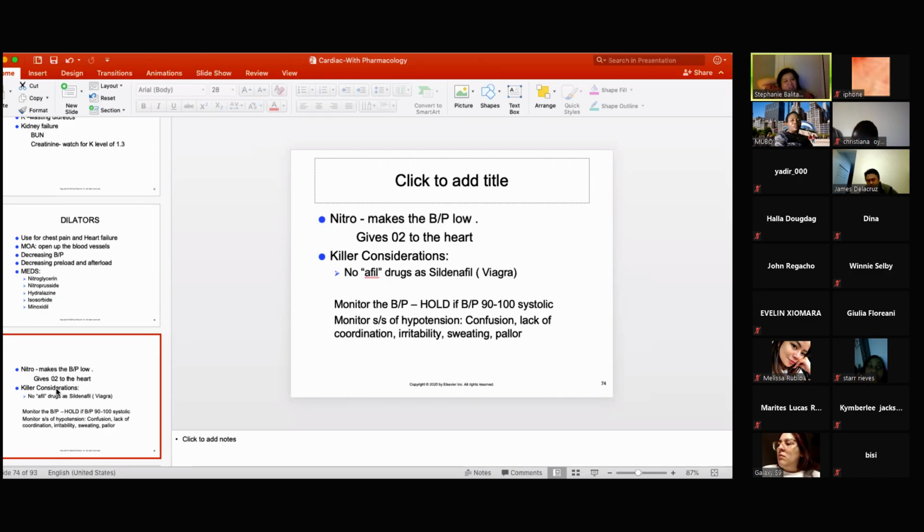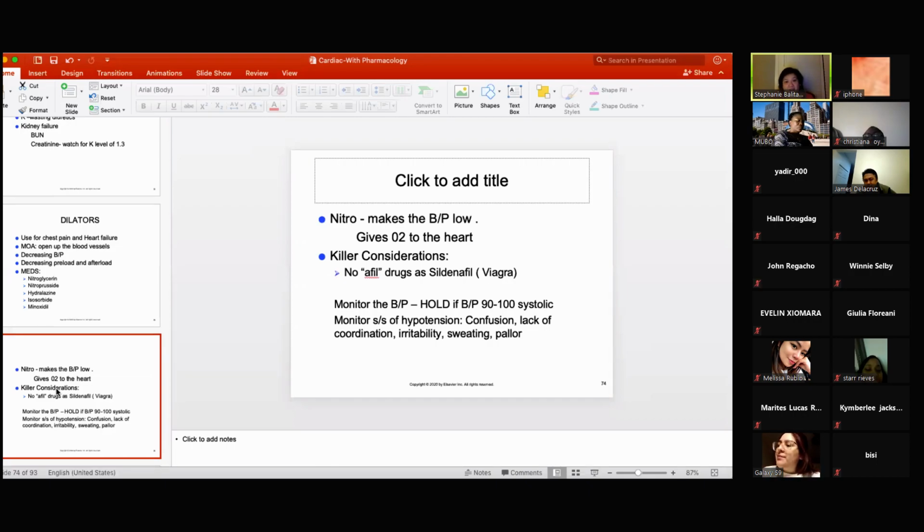Something very interesting, a killer consideration, because you could die here. No erectile dysfunction drugs when you are on vasodilators, such as sildenafil, the trade name is Viagra.